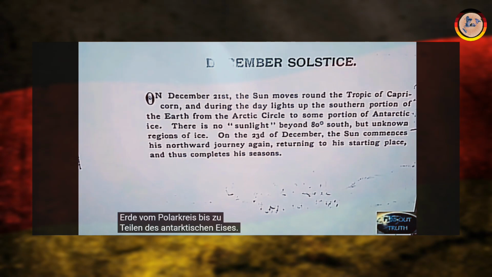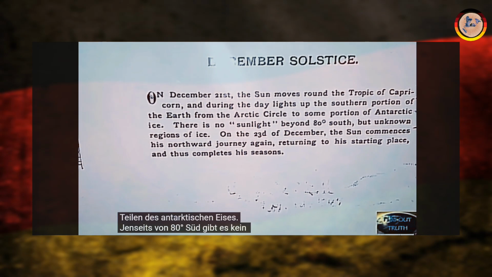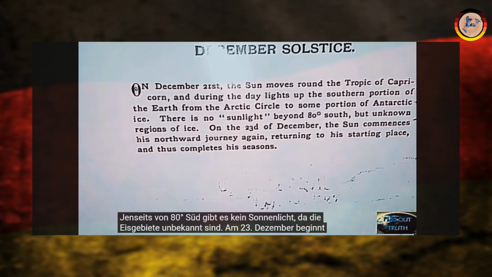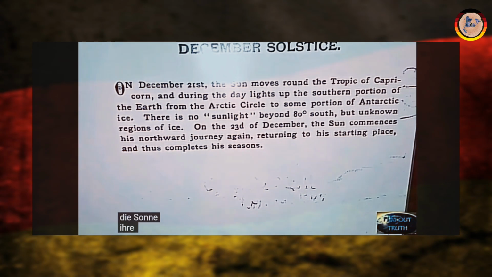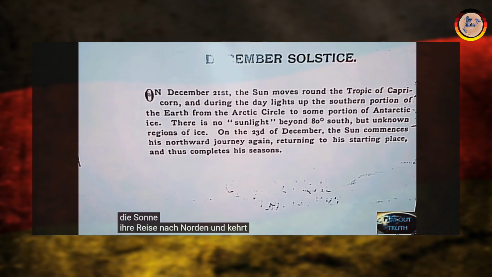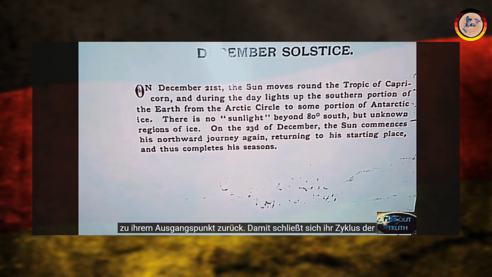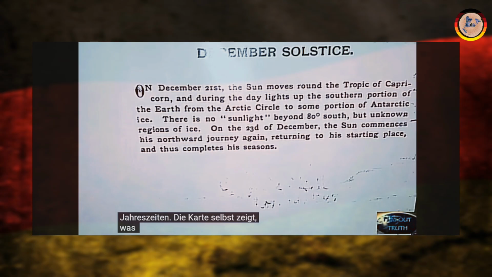There is no sunlight beyond 80 degrees south, but unknown regions of ice. On the 23rd of December, the sun commences his northward journey again, returning to his starting place, and thus completes his seasons."